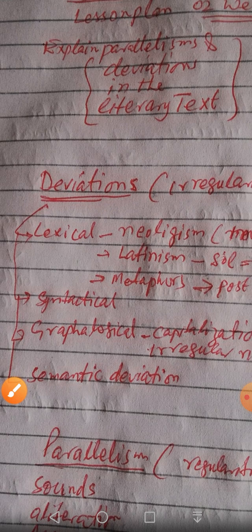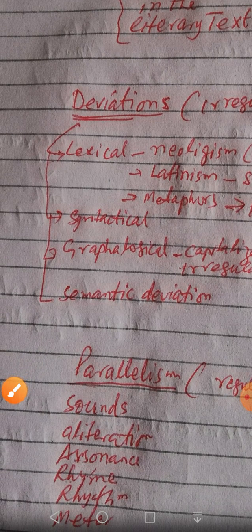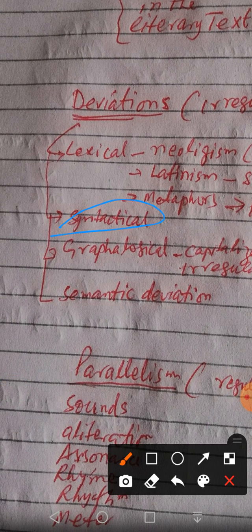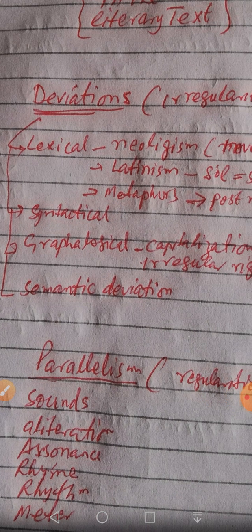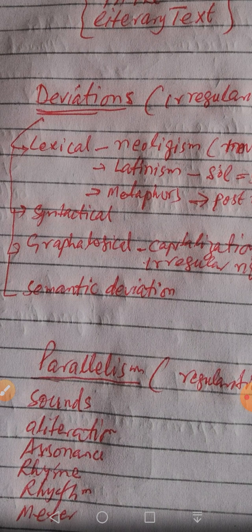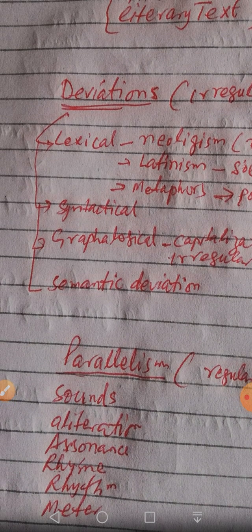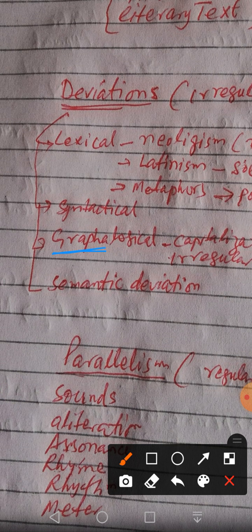So next can be syntactical deviation. There are many instances of syntactical deviation, particularly in poetry, like of mice, of men I sing. The usual word order, that is SVO, subject verb object, is inverted in poetical compositions. Then graphology, graphemes, that is the shapes of letters.